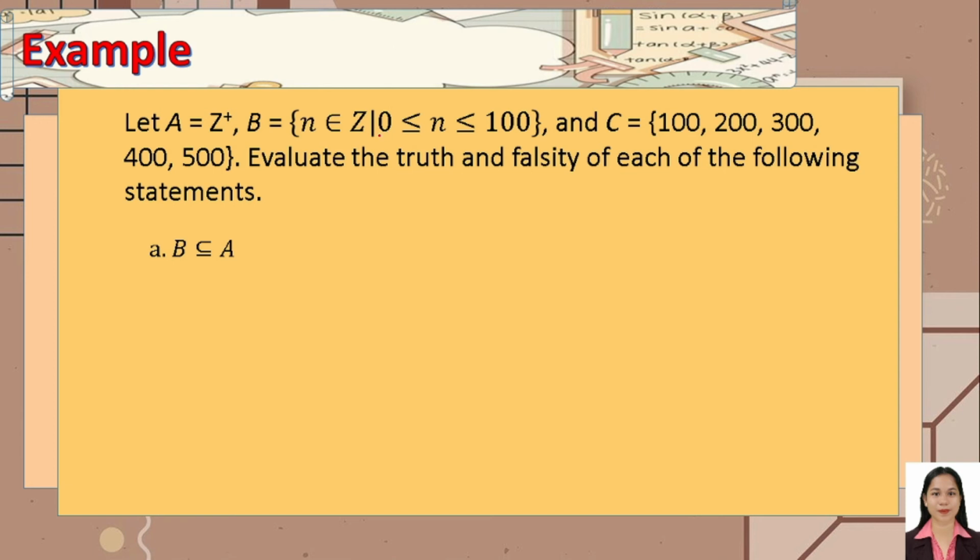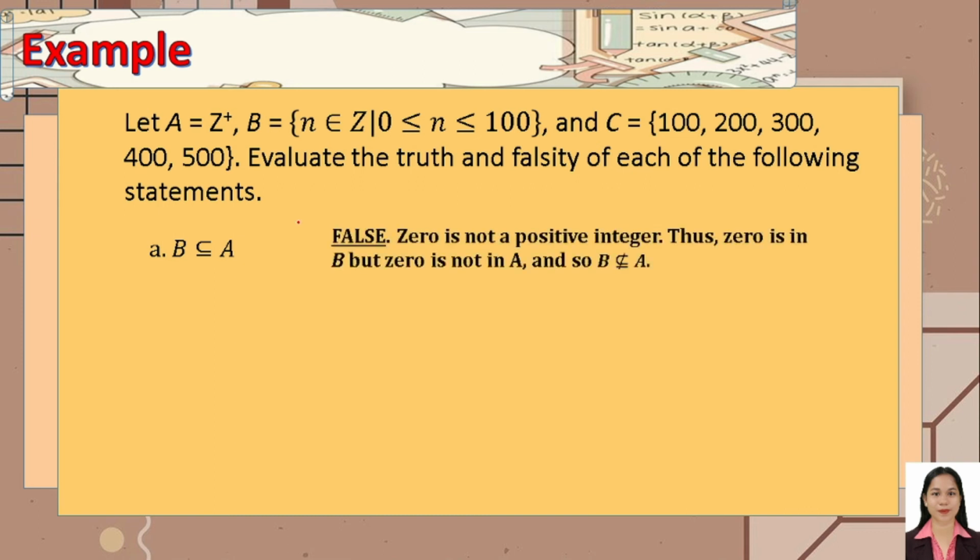Because 0 is not an element of A. So therefore, this is false. Because 0 is not a positive integer, and 0 is in B but 0 is not in A. So therefore, this is not a subset. B is not a subset of A.